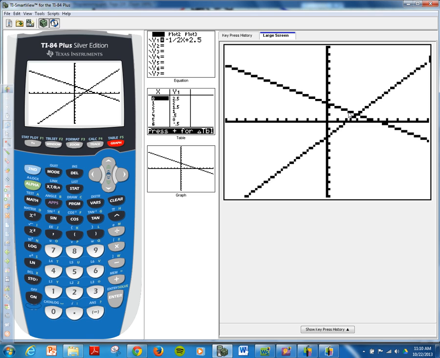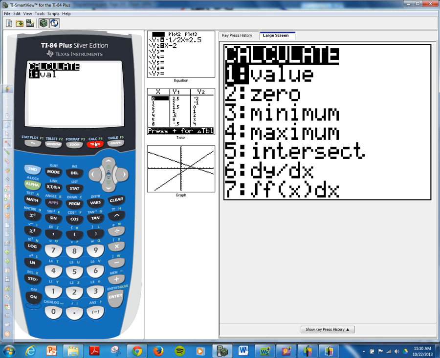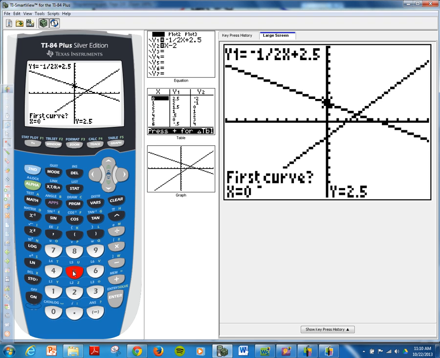So to do intersect, what do we hit? Second trace intersect. So second here, trace right here, and then intersect is number 5. So second trace number 5. And then it says first curve, you hit enter. It says second curve, you hit enter.